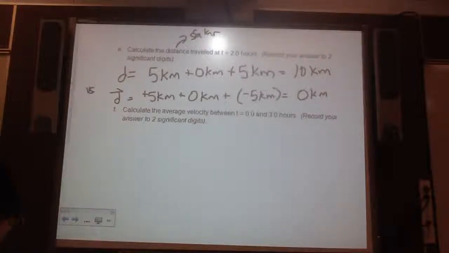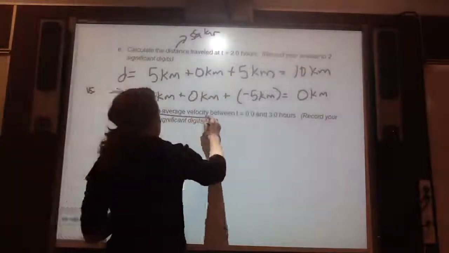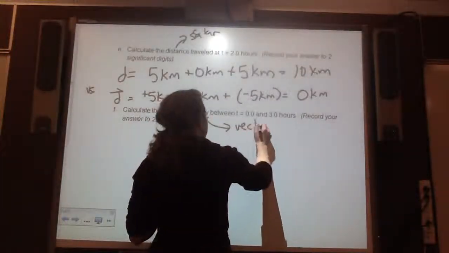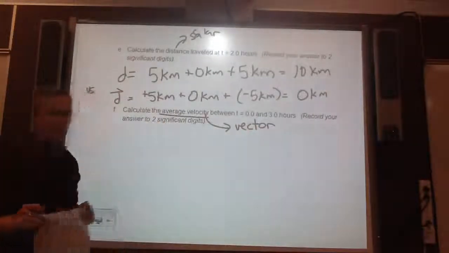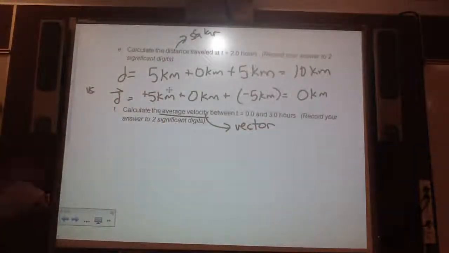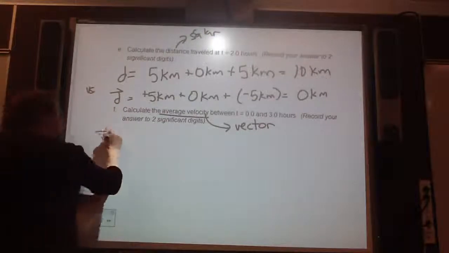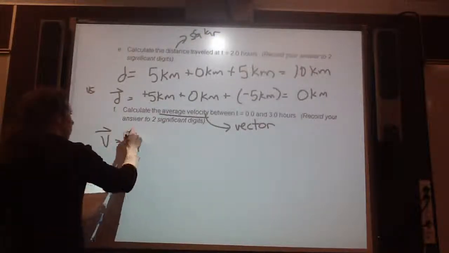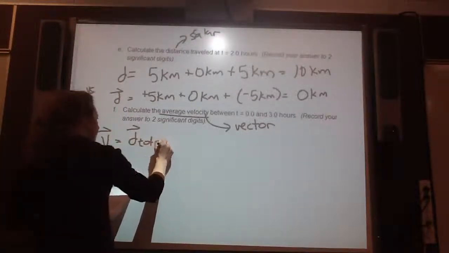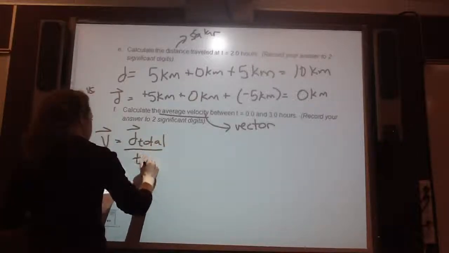Okay. Next, calculate the average velocity. Okay, average velocity. Okay, this is a vector quantity. Now remember, with average velocity, we need our total displacement. V with your arrow equals D with your arrow total divided by T total.